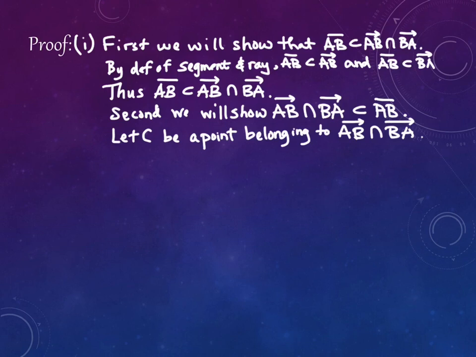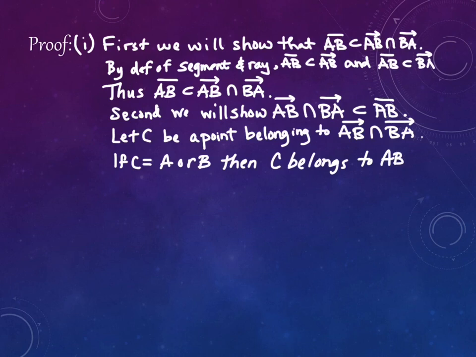All right, very good. So then C, first, if C actually equals A or B, then C belongs to segment AB. It's kind of the trivial case, right? If it happens to be one of the endpoints we picked, then we're done.